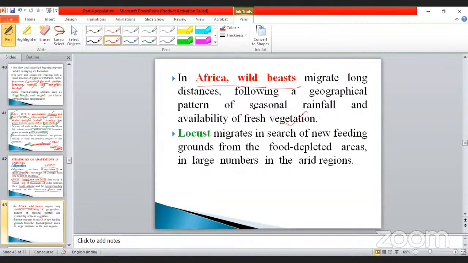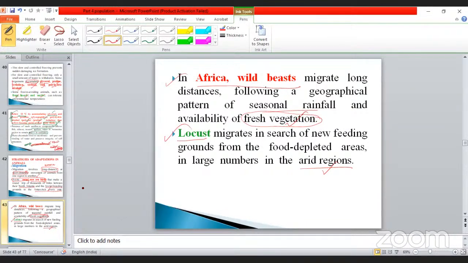They move only for fresh vegetation. And the second thing is locust. Locusts migrate in search of new feeding grounds from food-depleted areas in large numbers in the arid region. These are the two examples given: one is the African wildebeest, another is the locust.